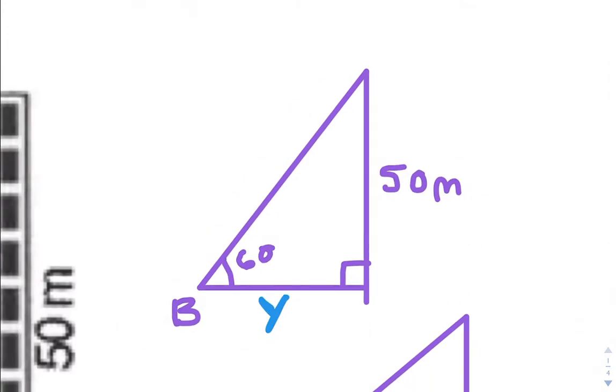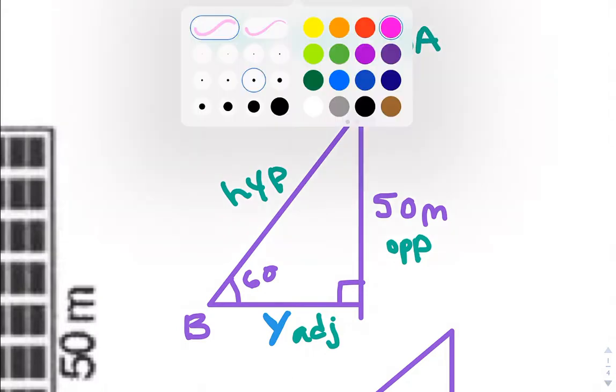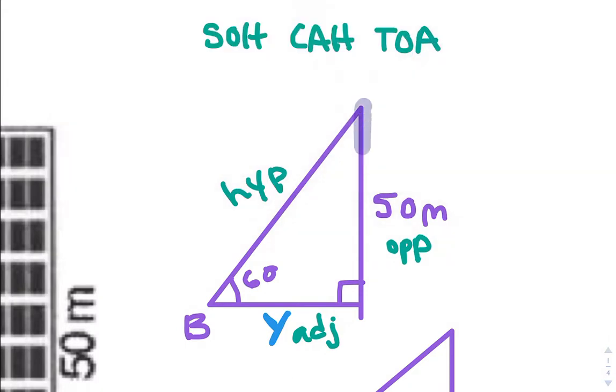Well, with any triangle, we have to label our sides. So across my right angle is my hypotenuse. Across from 60 degrees is my opposite. And then next to 60 degrees is my adjacent. So if I write my SOHCAHTOA, I see that I have my opposite side with a number on it and my adjacent side with my y on it.